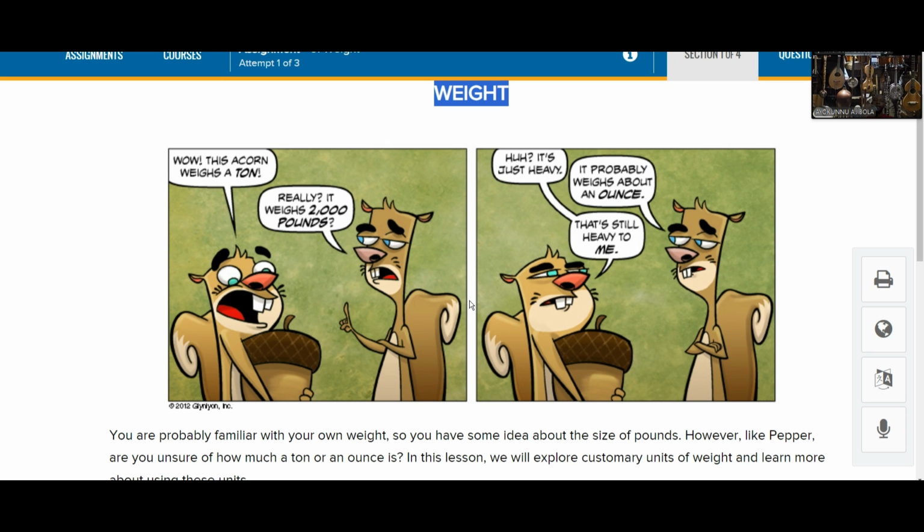Okay. So the first one said, wow, this icon weighs a ton. The other one said, really? It weighs 2,000 pounds. Then the first one said, huh? It's just heavy. The other one said, it probably weighs about an ounce.